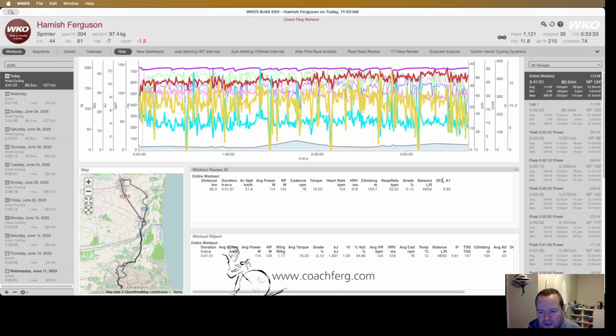The detrended fluctuation analysis, alpha 1. I've yet to see anything really here that is of use. It says today 0.93, so that means I would have been above my lactate threshold 1.